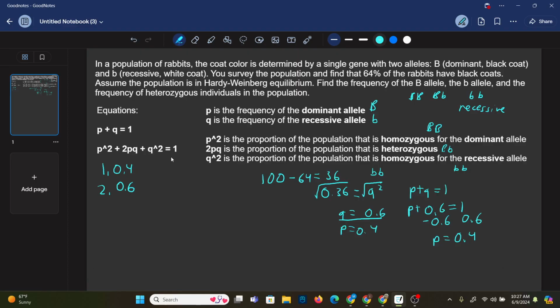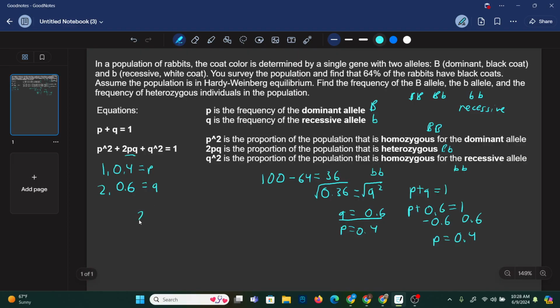Now we need to find the frequency of heterozygous individuals in the population. We know that the frequency of heterozygous individuals is 2pq, because 2pq is the proportion of the population that is heterozygous. We already know p, which is 0.4, and q, which is 0.6.